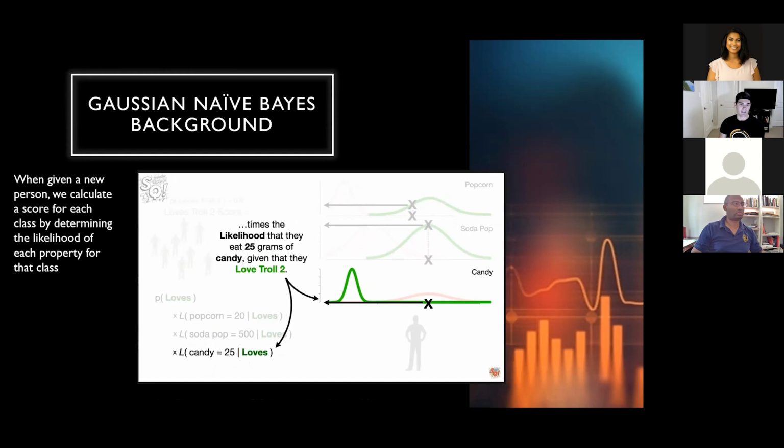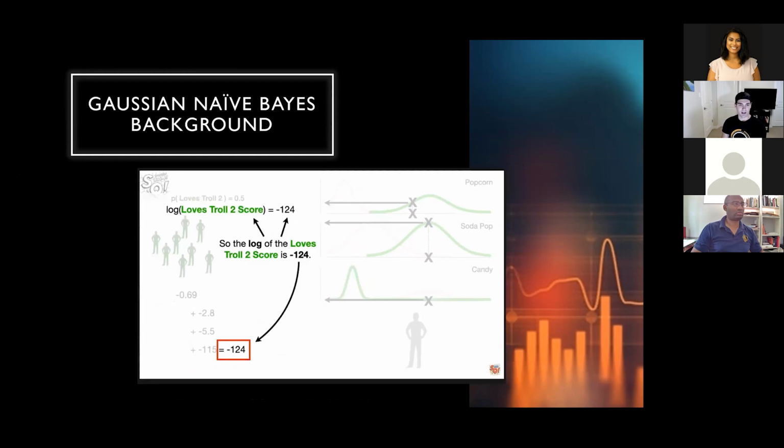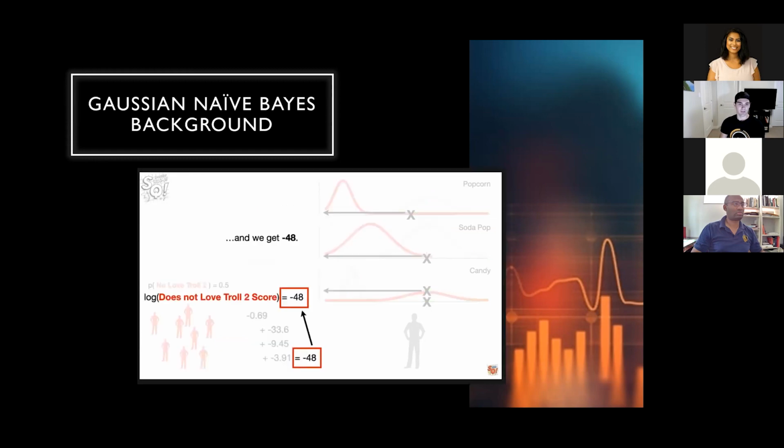Now, we're going to get an output for each of the distributions, and we simply sum them up to get the score for that class. We can see for this new person, the score that they received for the first class of loving the movie is negative 124. We then do the same thing with the same person for the other class, for the three properties, candy, soda pop, and popcorn.